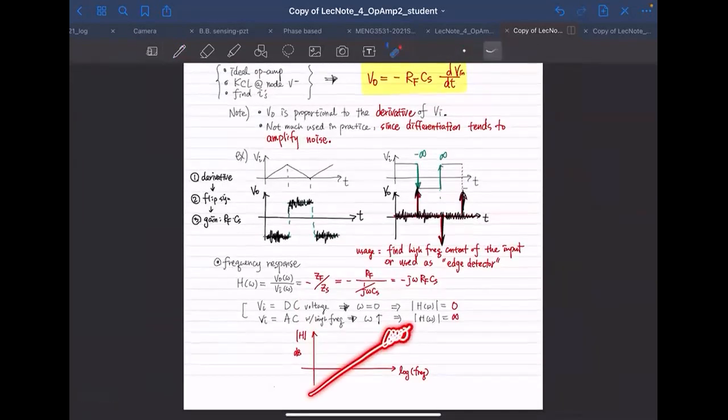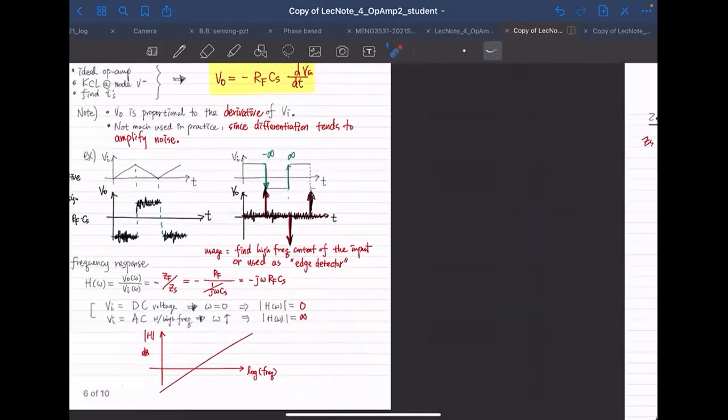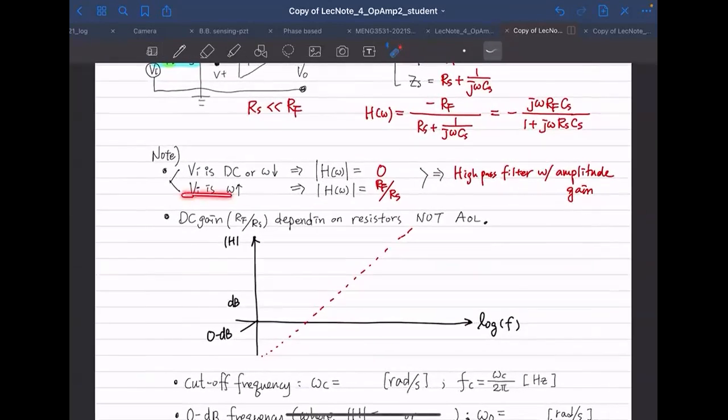And this part was the problem because it shoots up to infinite. The high frequency is the problem. But now our high frequency is limited by a certain value. It's a finite value now. So the practical response may look like this. So this is the ideal case, and this is practical.